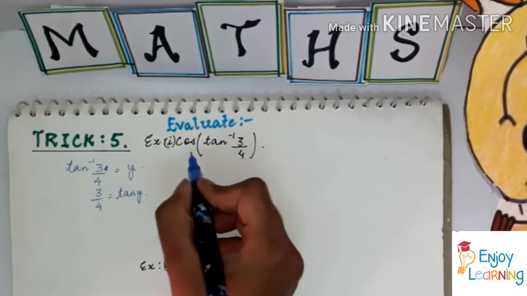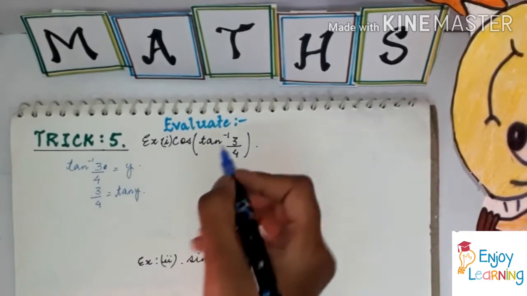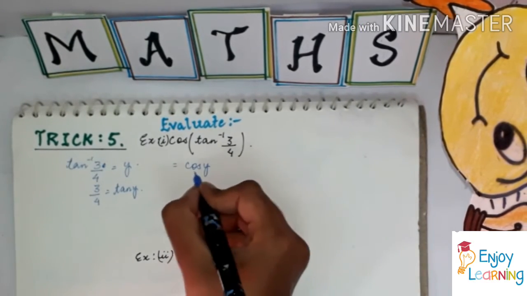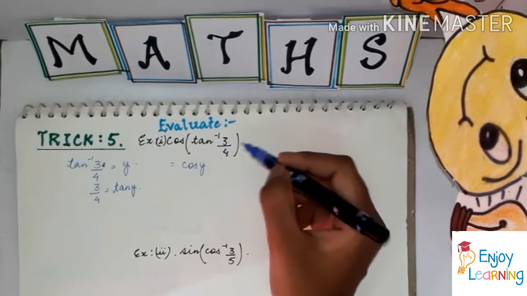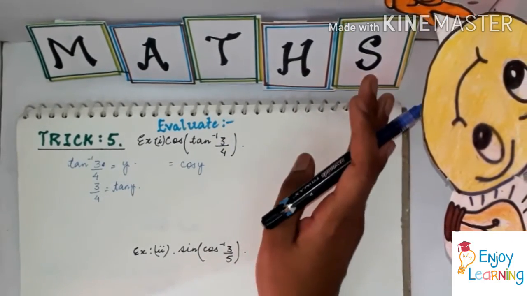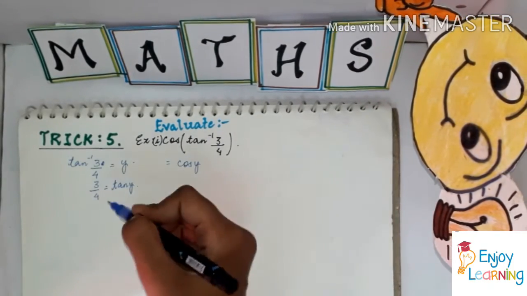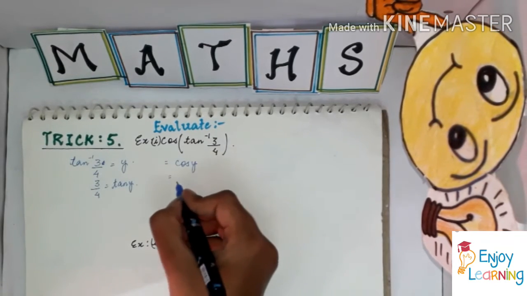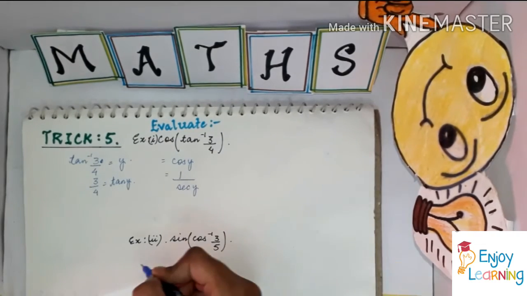Now let's see what it has become. You have let tan inverse 3 by 4 as y. So in place of this, you can write cos y. So what you have to find is, see, the question simplifies to a very great extent. You have to find the value of cos y when tan y is given. So cos y, can you write cos y as 1 upon sec y?